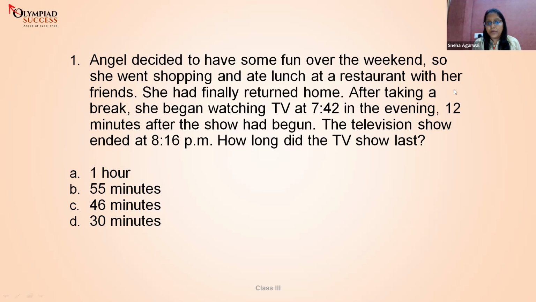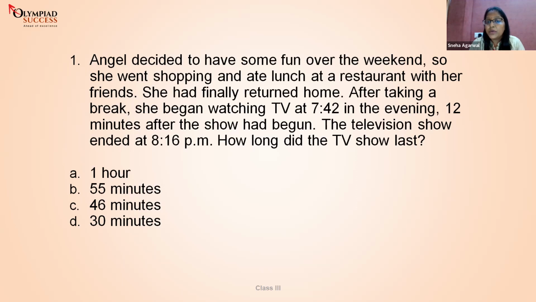After taking a break, she began watching TV at 7:42 in the evening. So here they are mentioning that she began watching TV at 7:42 p.m. Okay, it's evening time, so we always call it PM, right? Now, 7:42 was already 12 minutes after the show had begun.